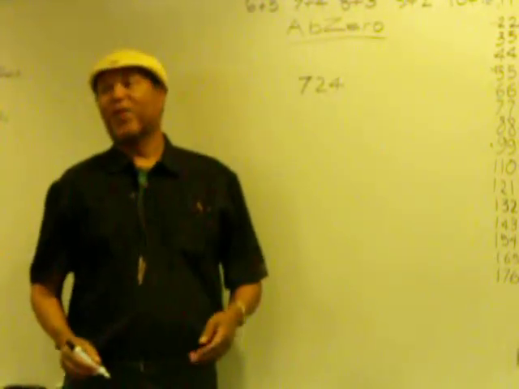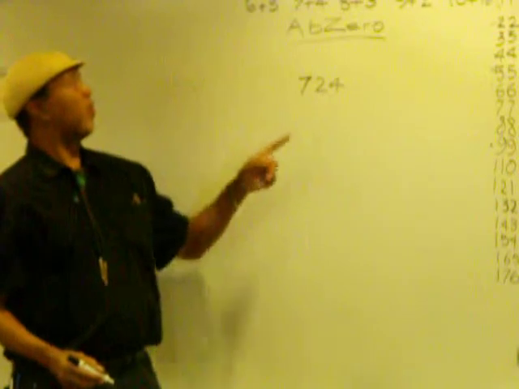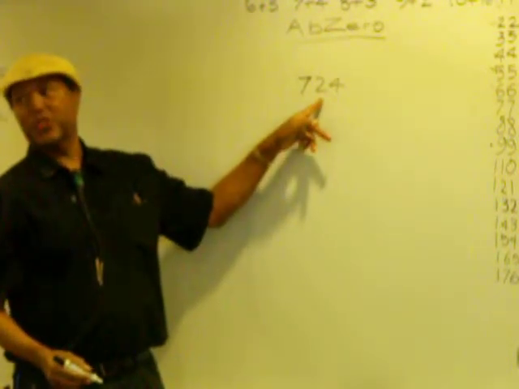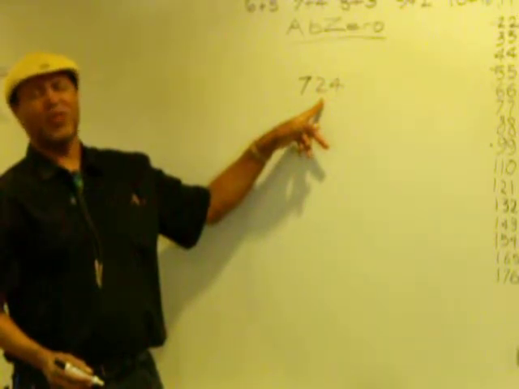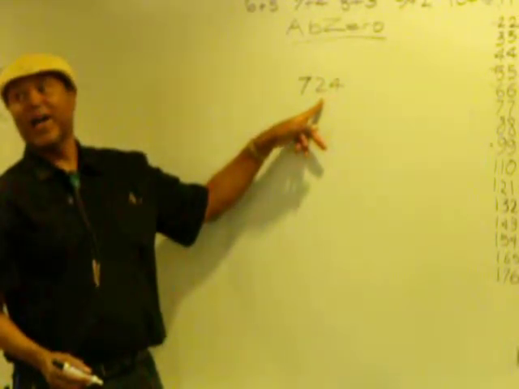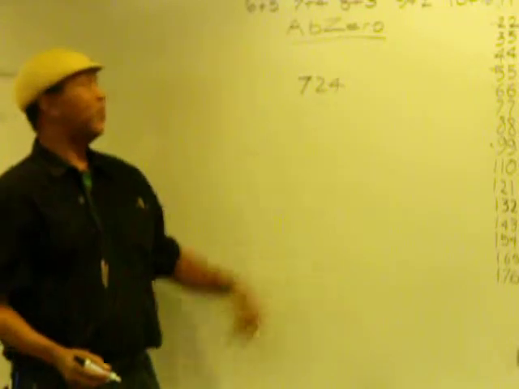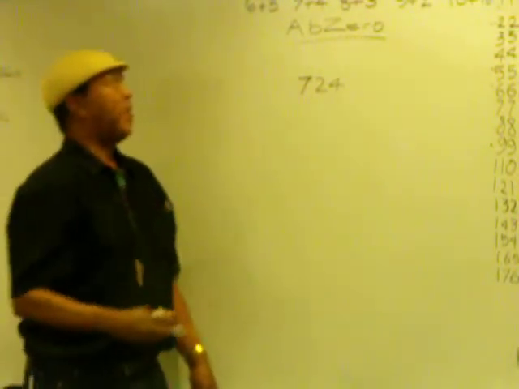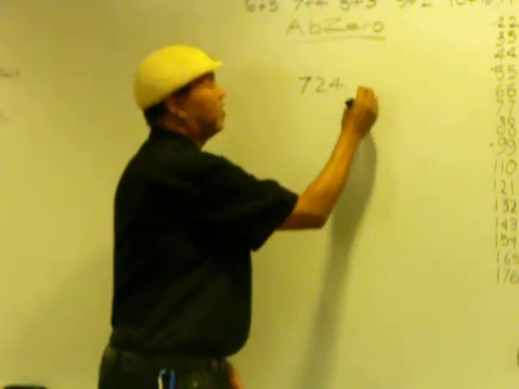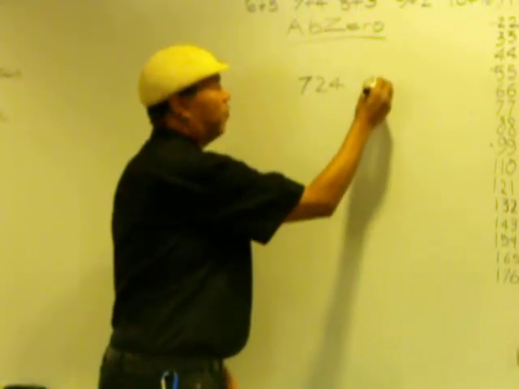Okay. We already can see that the 7 and 4 would make 11 times 2. 7 plus 4 is 11 times 2. 22. So we can already make this into a 22. How about if we subtract the 2 from the 4?